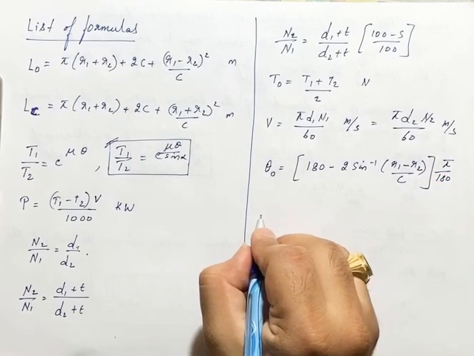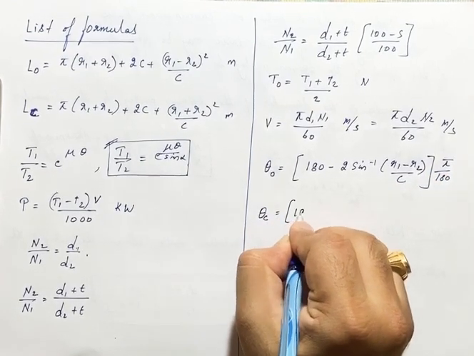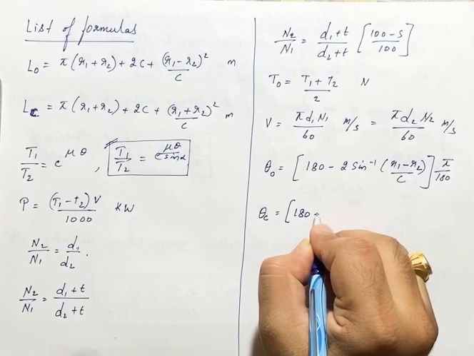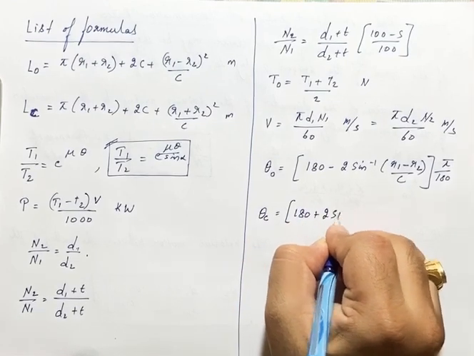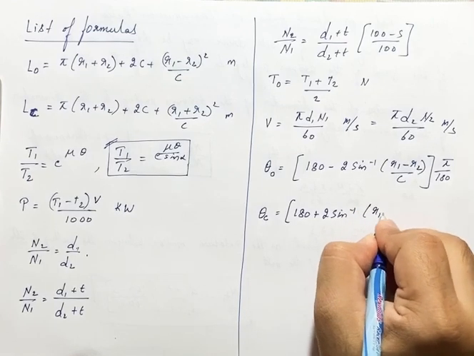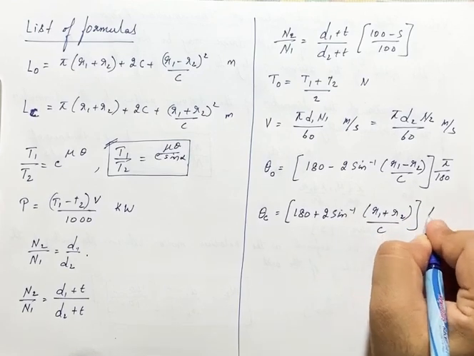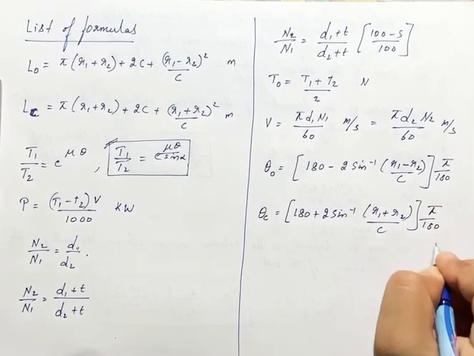Similarly, for this theta C, cross belt drive, we have 180 plus 2 sine inverse of (R1 plus R2) by C into pi by 180 here.